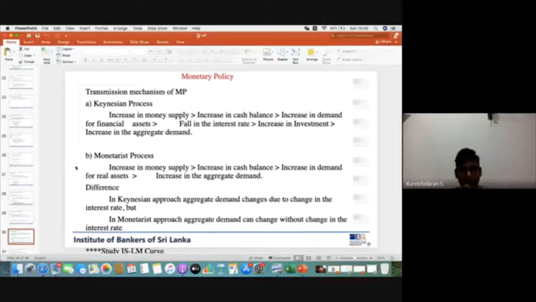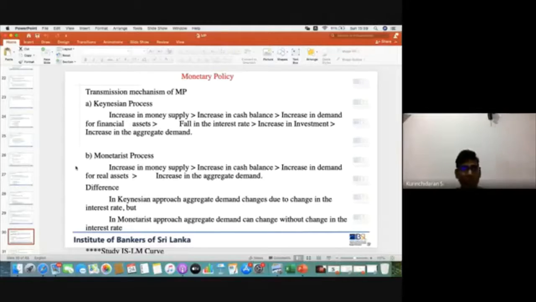When you increase the cash balances, you increase the demand for financial assets. So I get more money, then I would like to invest in financial assets. So what will happen? Fall in the interest rate, so increase in investment, so increase in the aggregate demand. That's what the Keynesian process says, that flow.